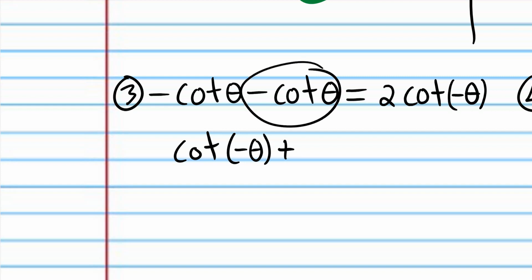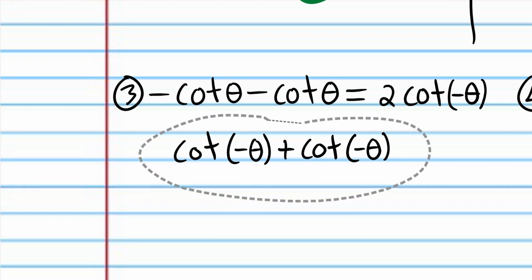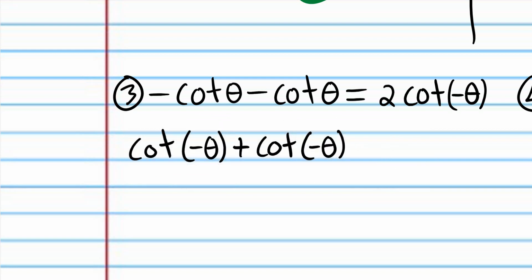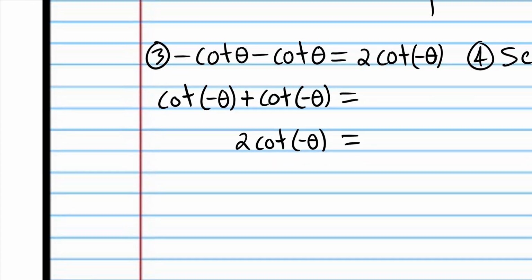And this here is also equal to cotangent negative theta. And so we have 1 cotangent negative theta plus 1 cotangent negative theta is 2 cotangent negative thetas. So there you go.